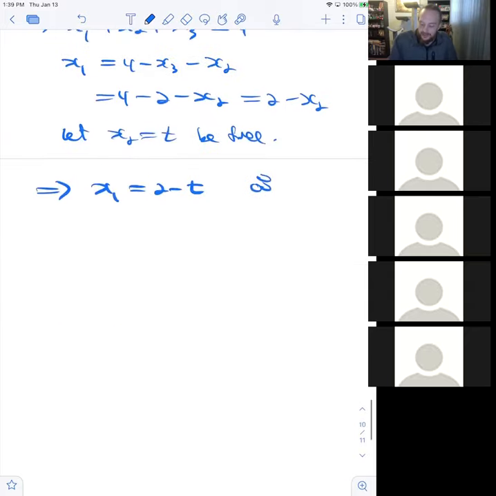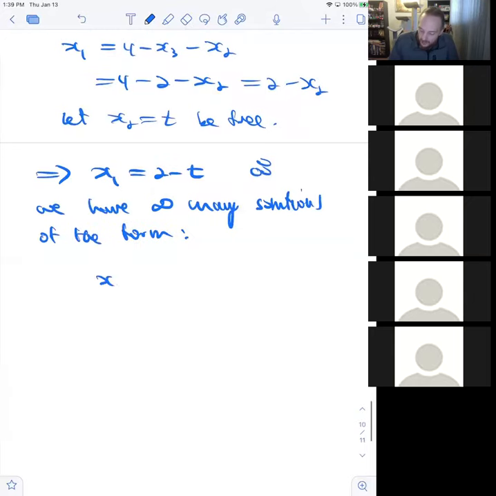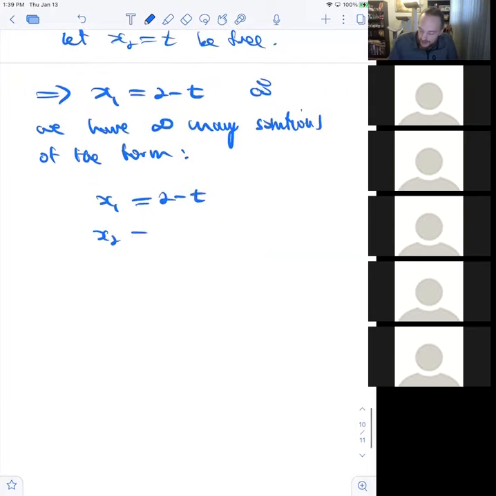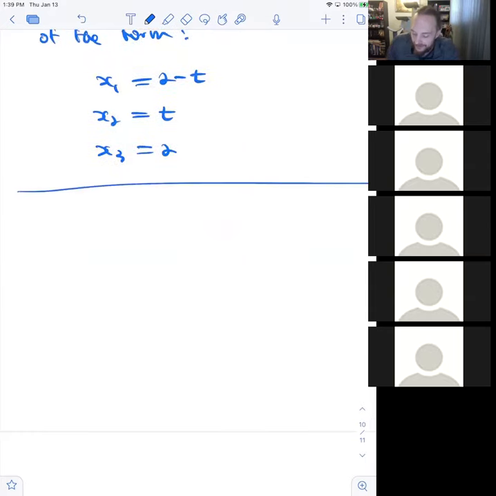Therefore, we have infinitely many solutions of the form x1 equals 2 minus t, x2 equals t, and x3 equals 2. If you want to write this in vector form, we're going to get x1, x2, x3 equals, where's the constant vector?